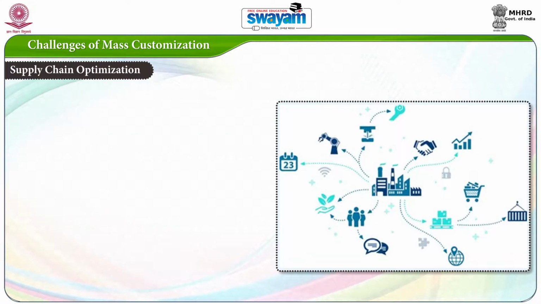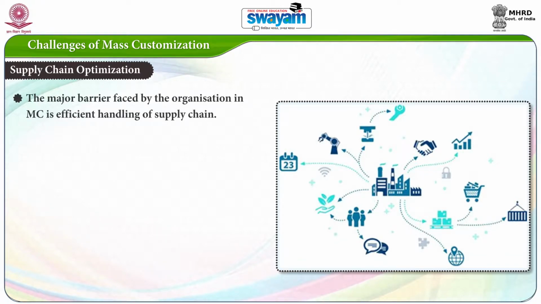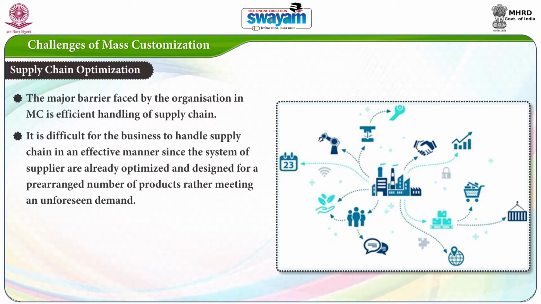The next challenge is supply chain optimization. The major barrier faced by the organization in mass customization is efficient handling of the supply chain. It is difficult for the business to handle the supply chain in an effective manner since the systems of suppliers are already optimized and designed for a prearranged number of products, rather than meeting an unforeseen demand.